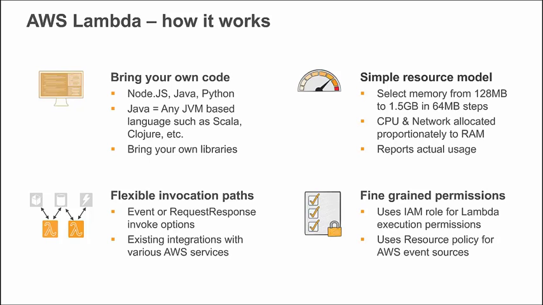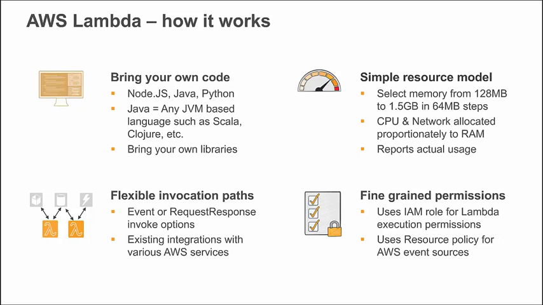We also have flexible invocation paths, so you can have both event or request response invoke options, which gives you the option of choosing between synchronous and asynchronous execution of your code. Also, you can integrate the invocation with various AWS services, which allows you to bundle these services together and quickly build applications that can both consume the data as well as process the data.